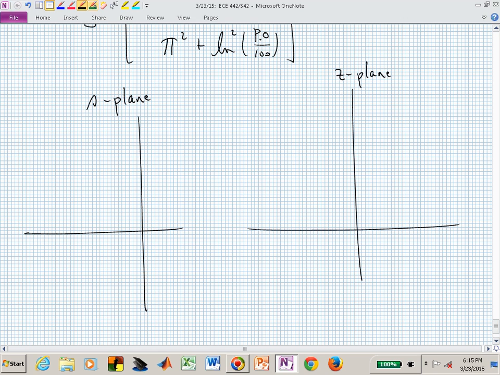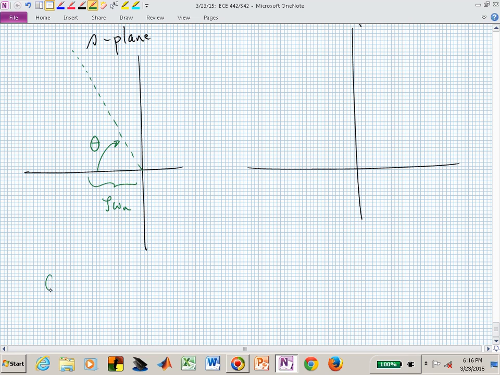And over here in the S-plane, let's just think about some angle theta, which is consistent with zeta, where cosine of theta is the adjacent over the hypotenuse, which is zeta.